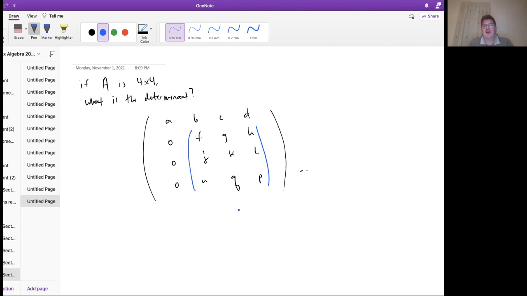Correct. I want to look at the determinant, right? If the determinant of the 3x3 is not 0, then the 4x4 is non-singular.